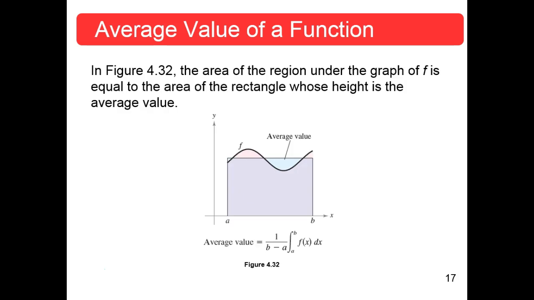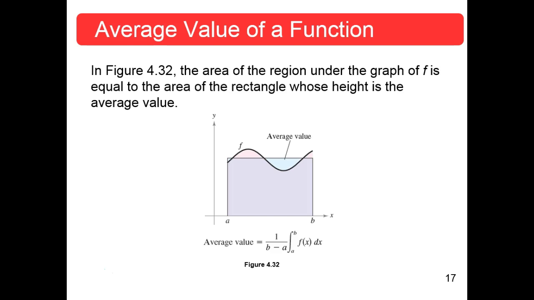In this figure, 4.32, up at the top of page 285, the area of the region under the graph of f is equal to the area of the region of the rectangle. You see this f has several ups and downs in it, although it's still a pretty regular looking function.